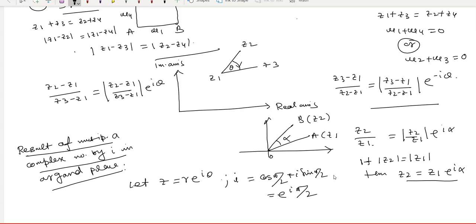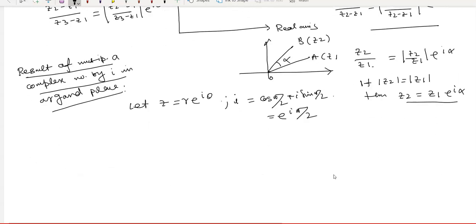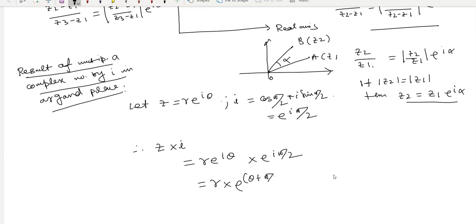E to the power I pi by 2. So if we do Z into I, it's going to be R e to the power I theta times e to the power I pi by 2, which is R e to the power I times theta plus pi by 2.